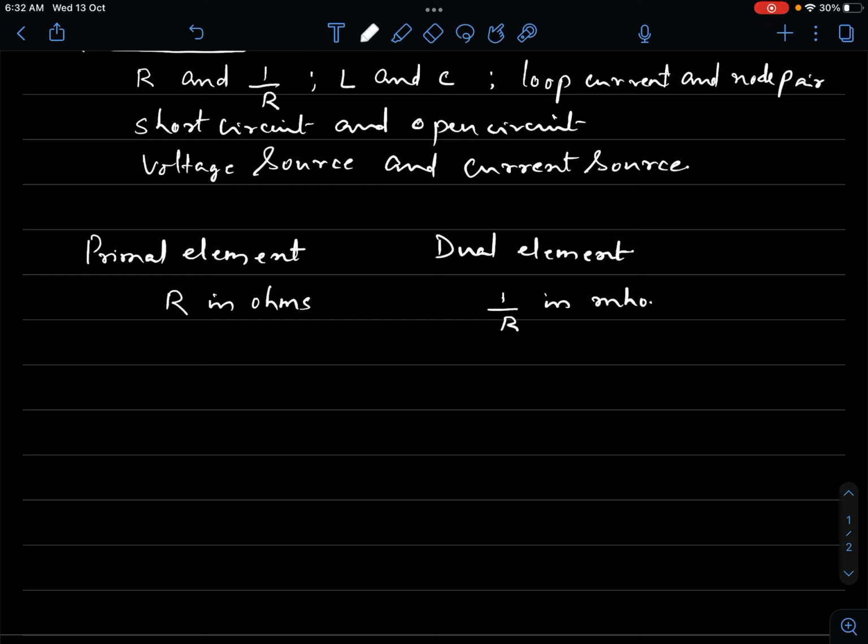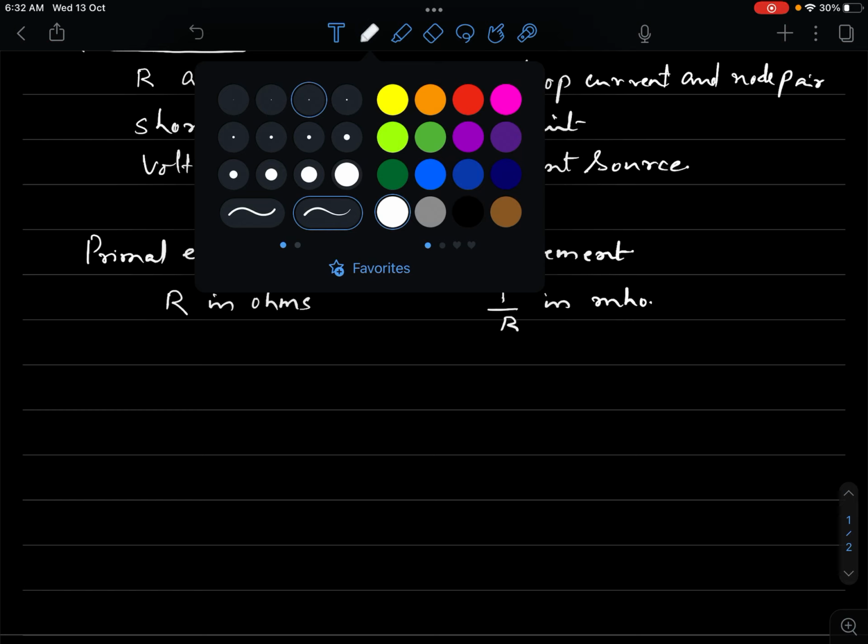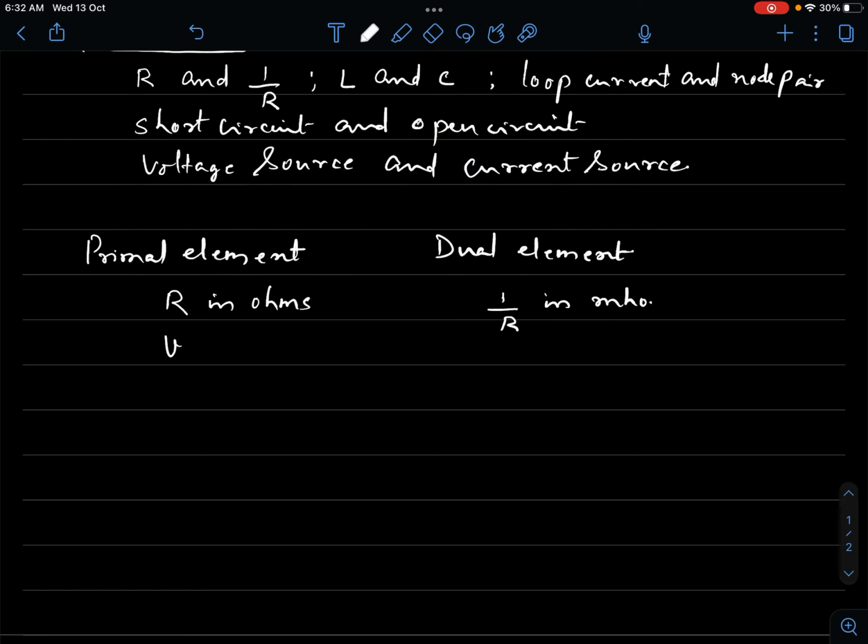All right. Now, if the primal element is a voltage source, V of t in volts, it will have a current source in the dual network.